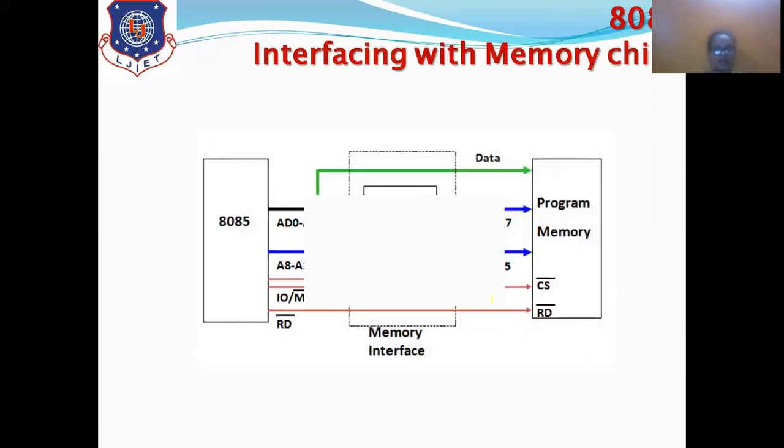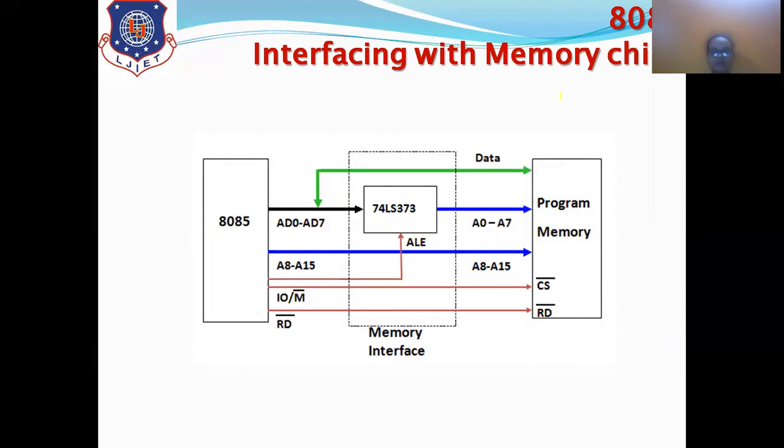Now, this is the last topic of this session, that is interfacing with the memory chips. So the whole interfacing is shown here. Here it is the 8085, here it is the program memory. Program memory, that is ROM, so only read can happen.